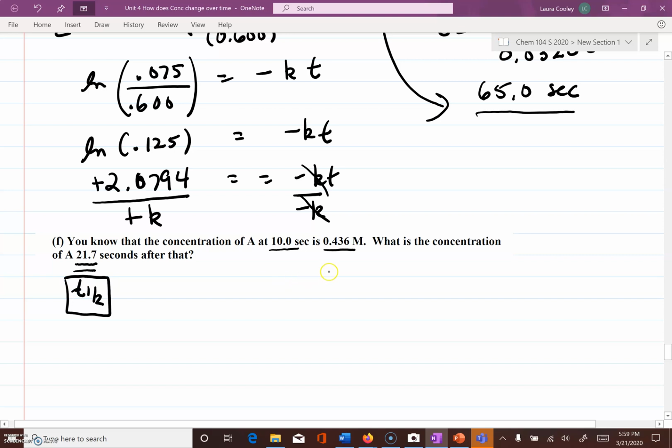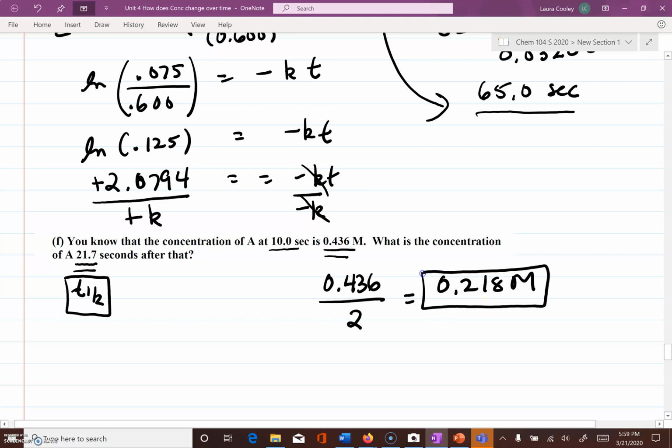So 21.7 seconds after it's 0.436, it's going to be 0.436 divided by 2, or 0.218 molar, okay? Because a half-life has passed, 0.436 in a time t1 half, or 21.7 seconds, it'll go to 0.436 over 2, or 0.218, okay?